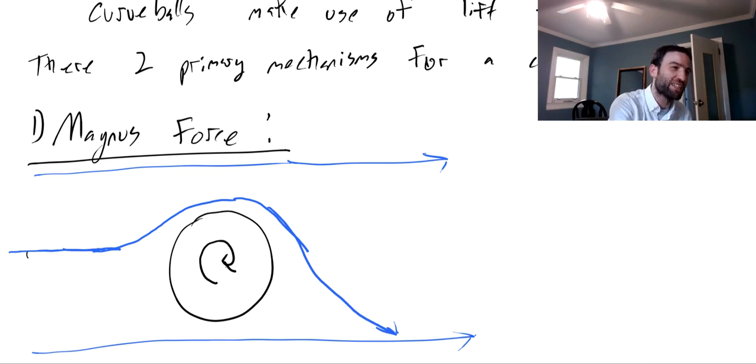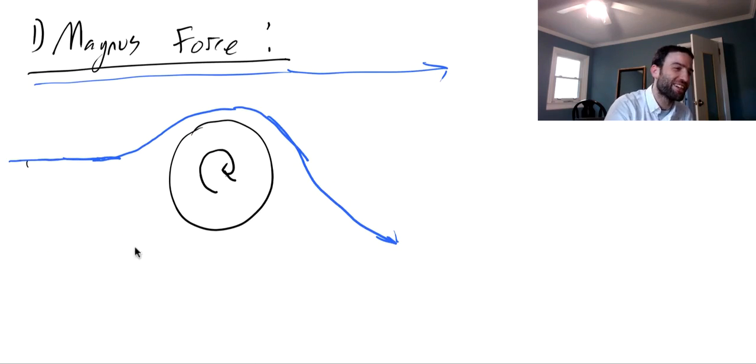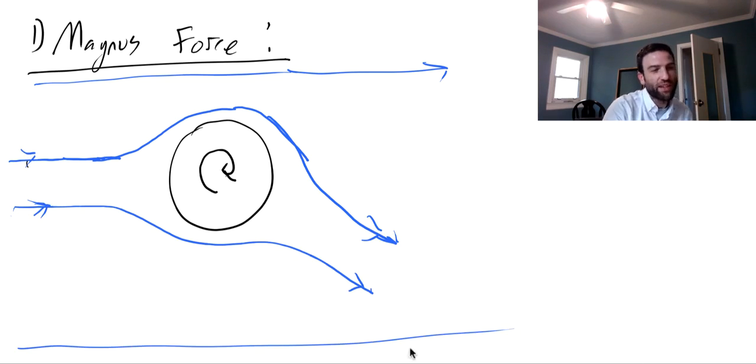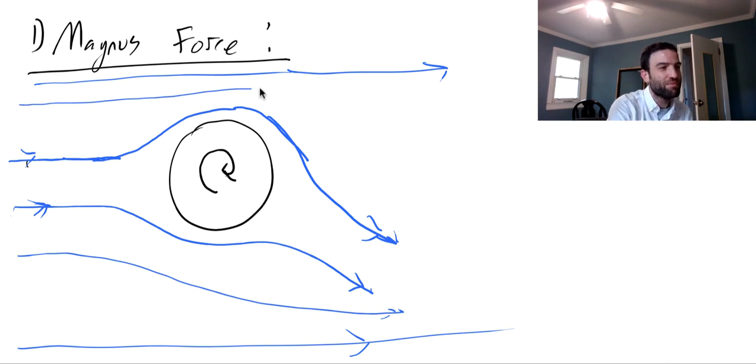I'm really exaggerating how much the air gets deflected, just for effect. And far away, there's still laminar flow like this, so in between, there's probably something like so, and so on and so forth.